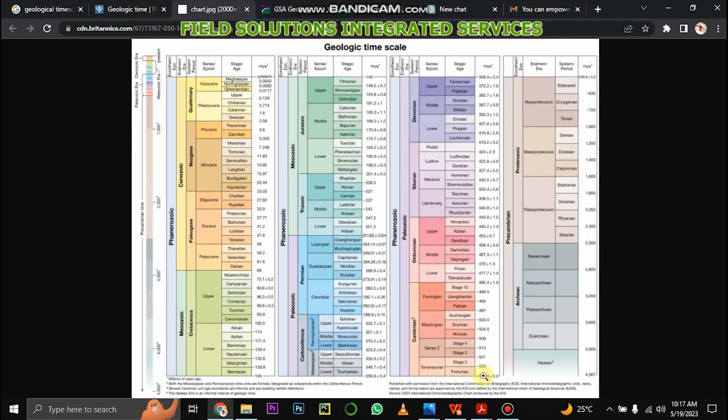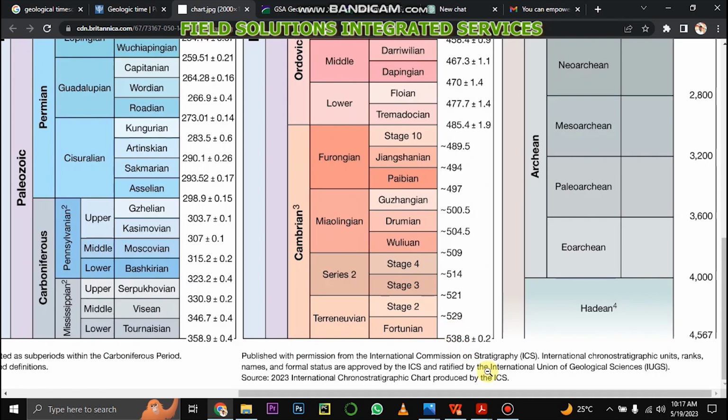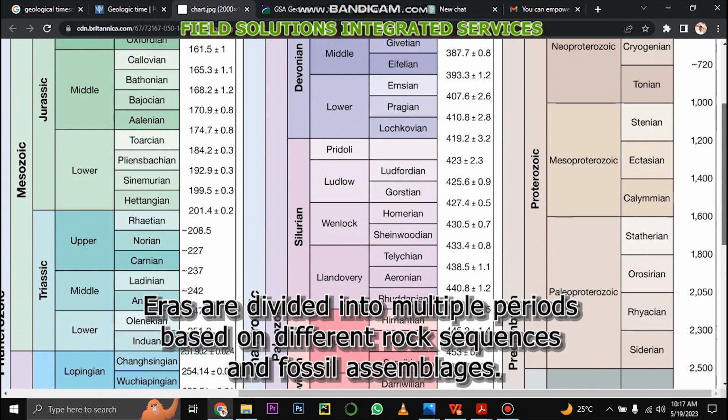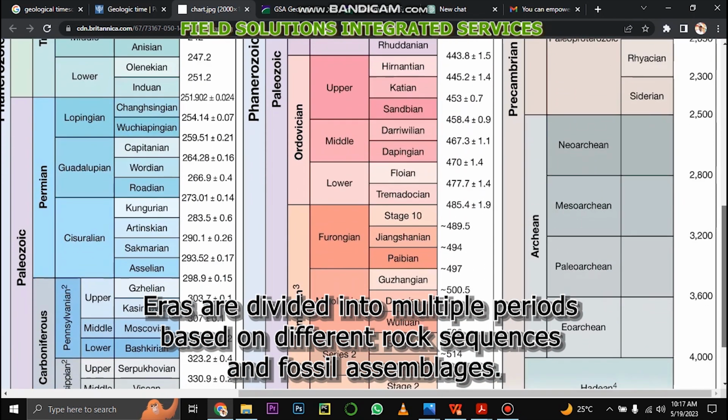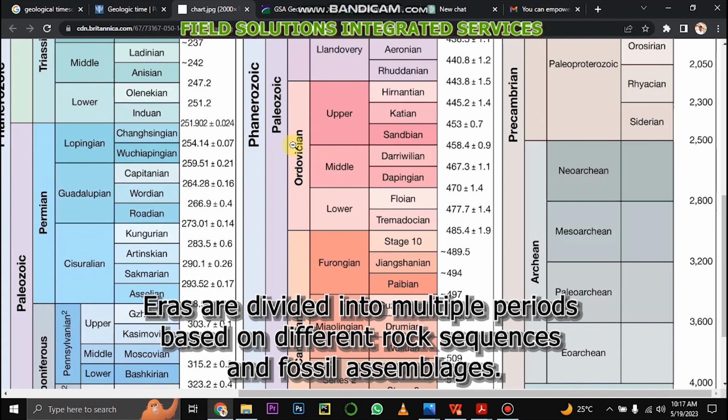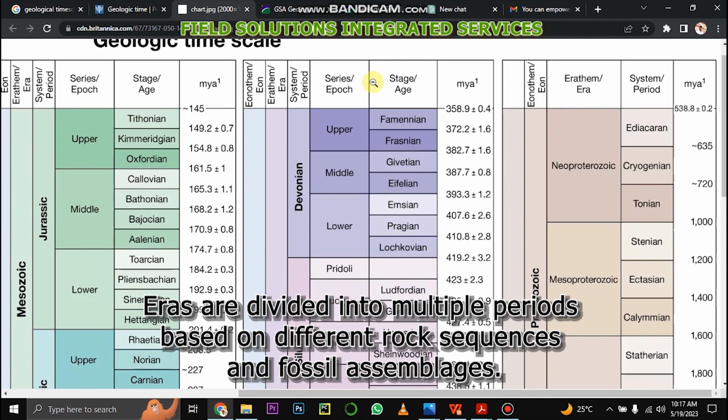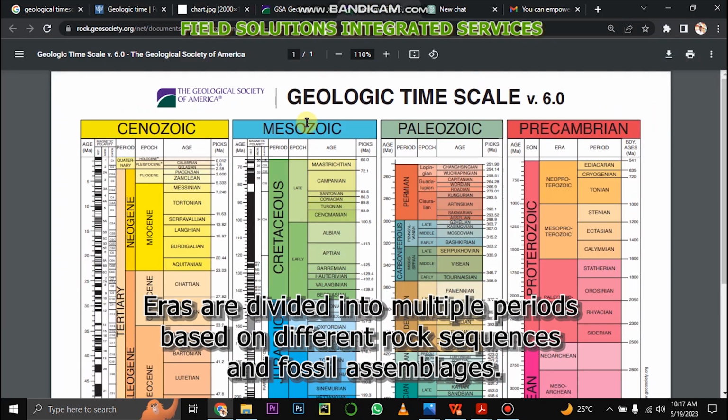So this is the start of the Paleozoic era. And if we look at this closely, we will see how the Paleozoic era is divided into smaller systems or periods, still the same as in the geologic timescale.